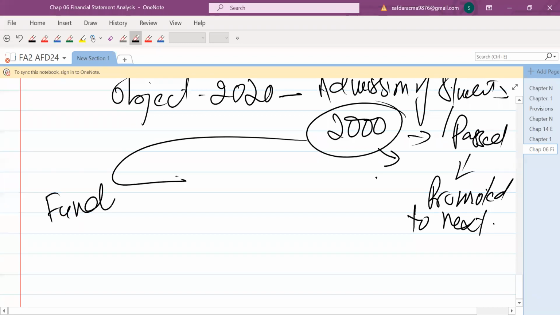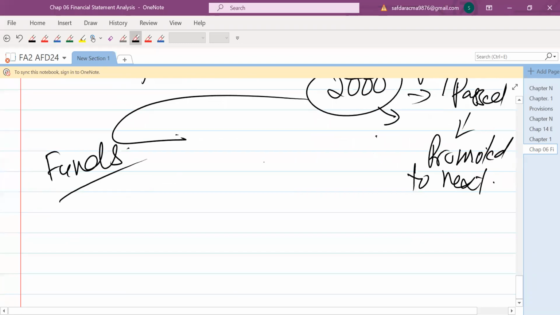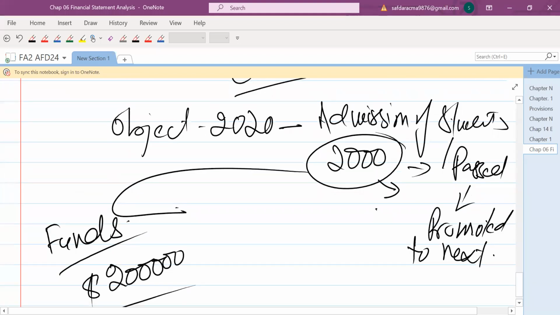Within these funds, you have to manage all these things. So how efficiently are you achieving this target, using this money efficiently and achieving your target?